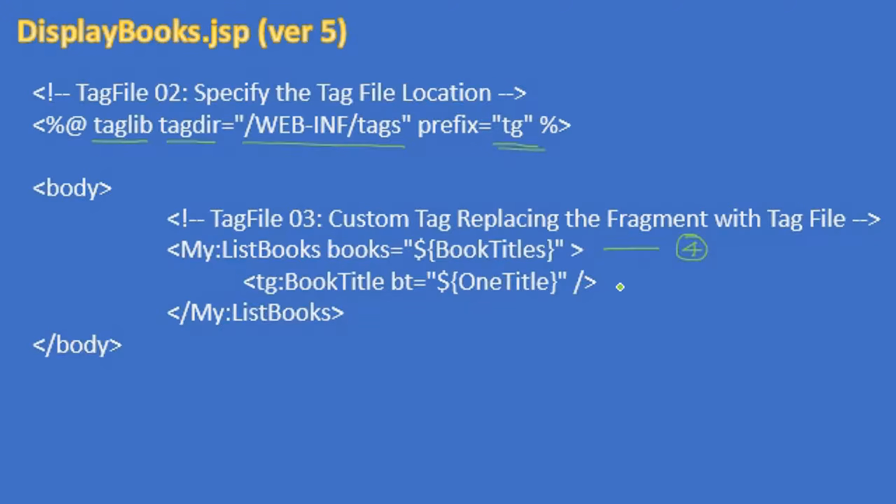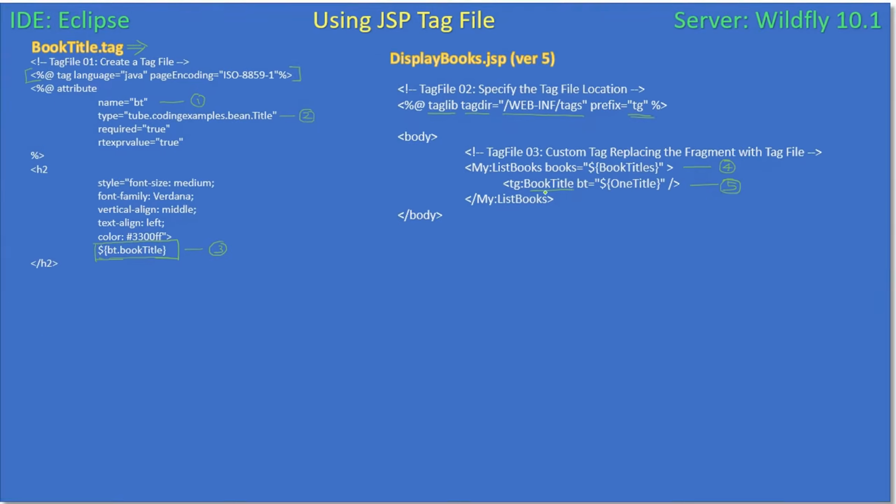Next comes our tag file. So tg is here. What we specify here is the book title, and this is the important one you have to remember. This book title is the tag we are opening on the tg prefix, and this tg refers to the tag directory.